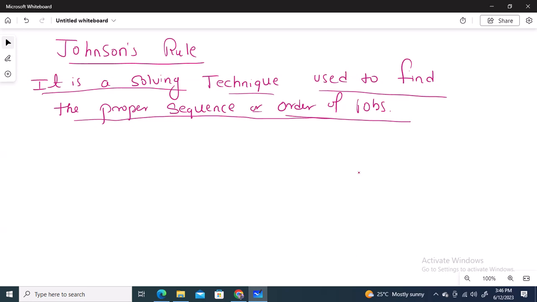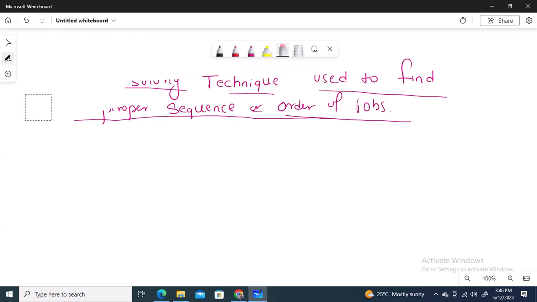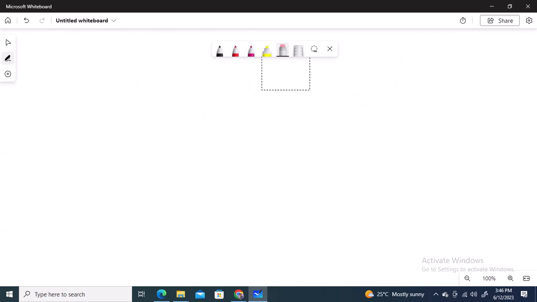Then we have some types of sequencing problems in the standard format. We'll go one by one. What are the sequencing models?